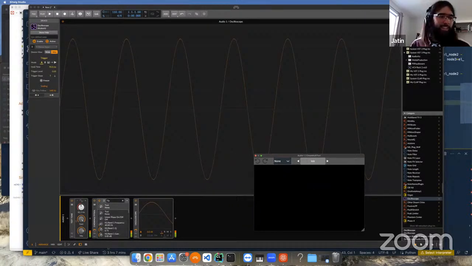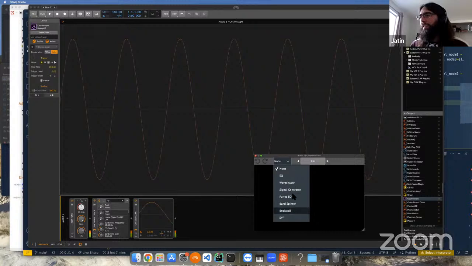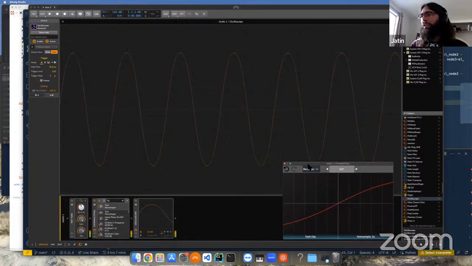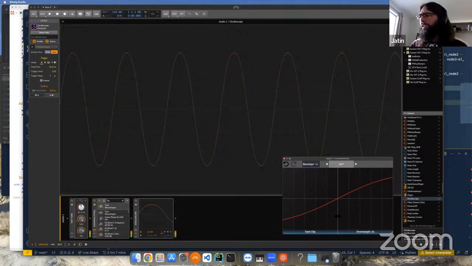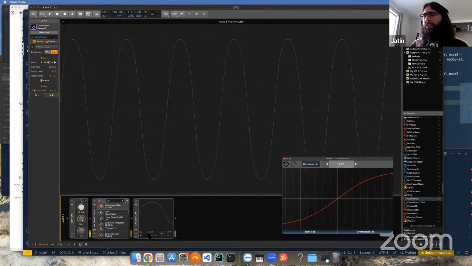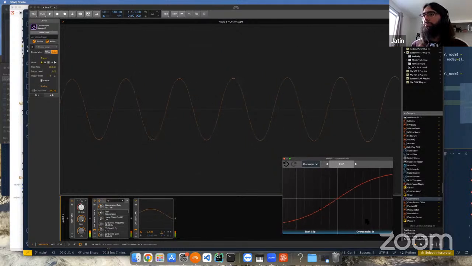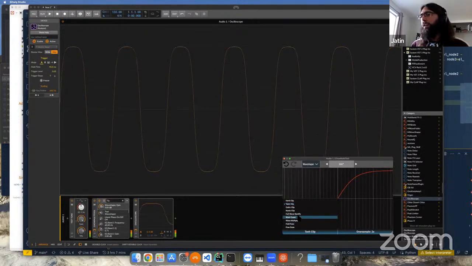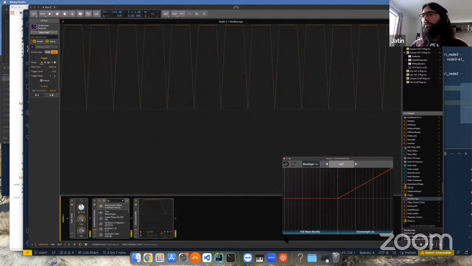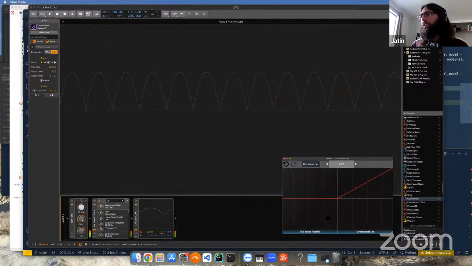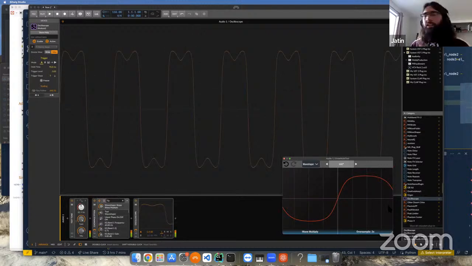Yeah, so this is the multi-tool plugin, and I was working on the wave shaper a little bit on Friday and on the weekend. So right now, this is just a regular tanh wave shaper, nothing too fancy. And we've got our other shapes, so we've got our rectifier, our wave folders and things like that.